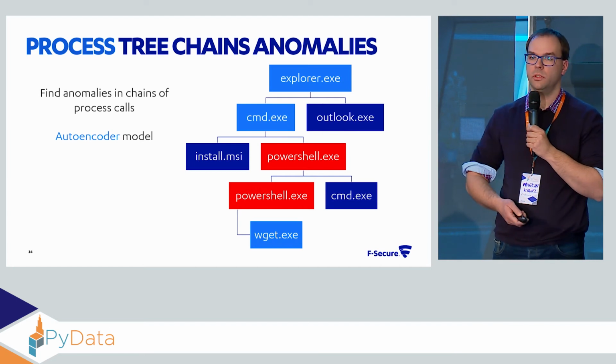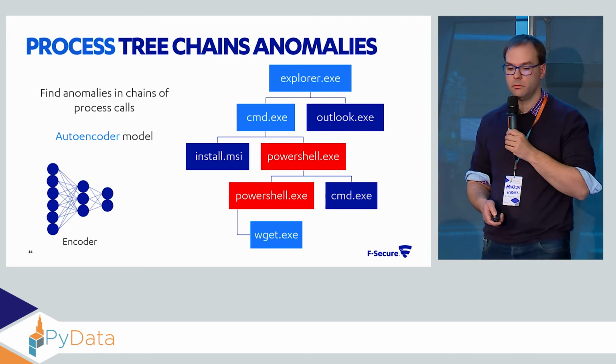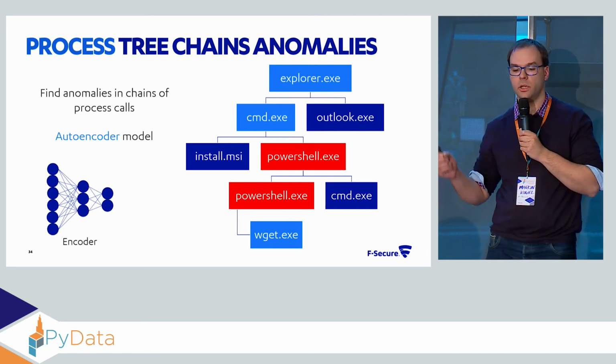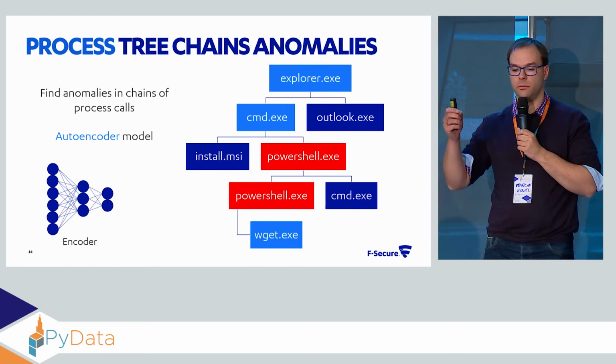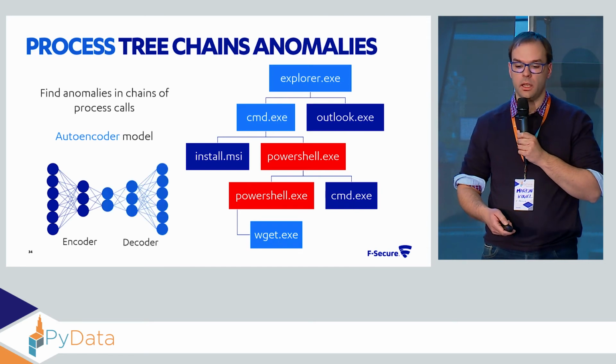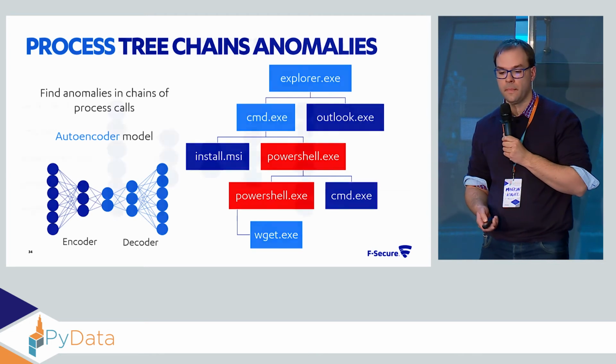There are many different ways, but we tried an autoencoder model. It is very similar to compression. So we try to compress some set of values into a smaller set and then decompress it. So it's more or less loosely compression.